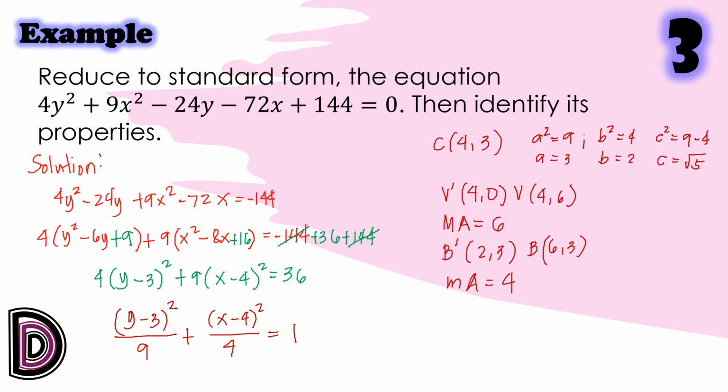Since c is equal to the square root of 5, the coordinates of the foci will be at 4, 3 minus square root of 5, and the other at 4, 3 plus square root of 5. Then we have the ends of LR.